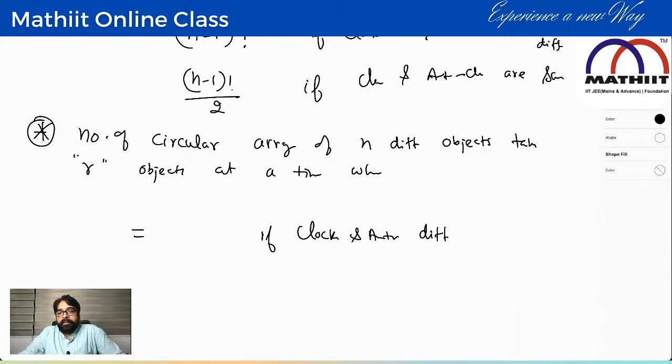Okay, Malli. No. Till now, I did not get a correct answer. Nobody has given the correct answer. No correct answer till now. Think carefully. How many objects are you arranging at a time?